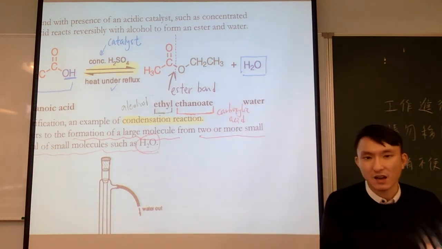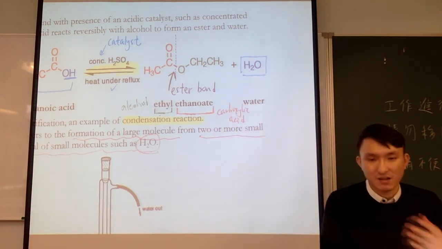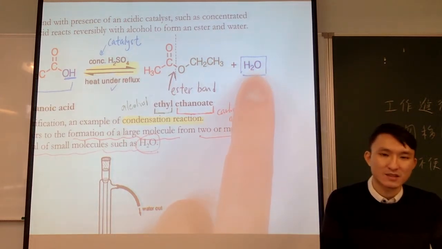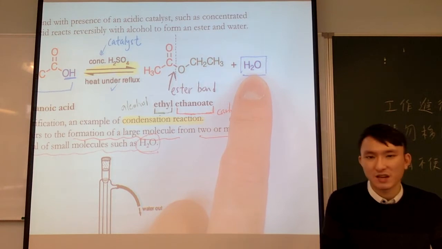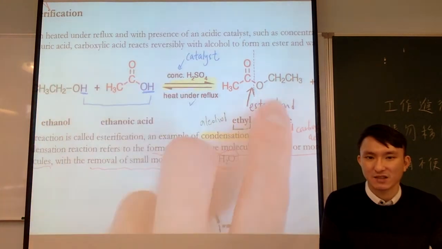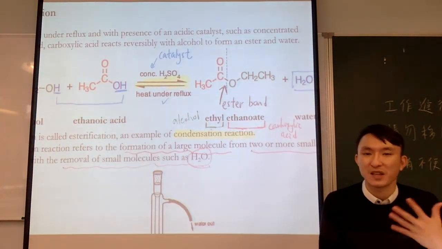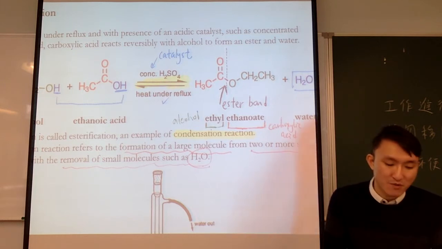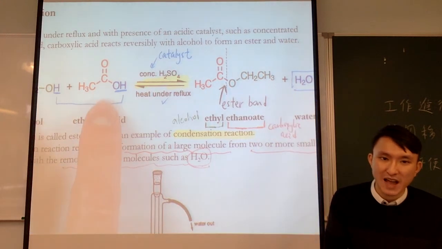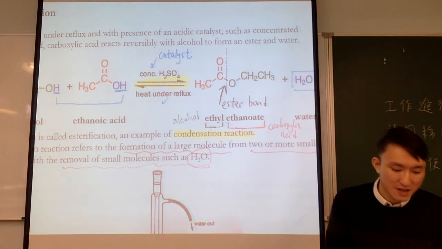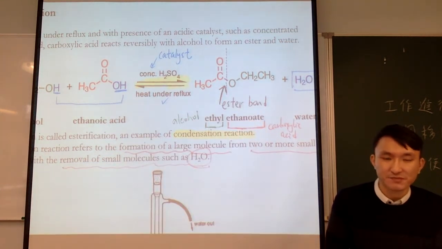So if you add a lot of concentrated sulfuric acid, and it takes away the water, then when the amount of product, which is the water, decreases, more reactant will react to form the products to replenish the water being taken away by the concentrated sulfuric acid. So by removing the water, more reactant will react to form the products, in other words making more ester.